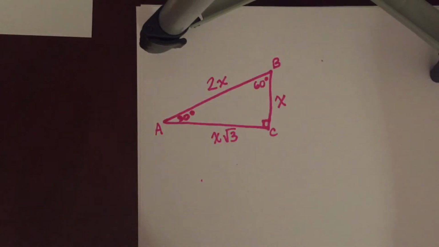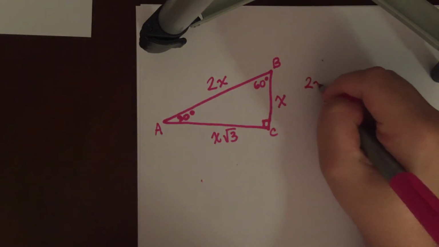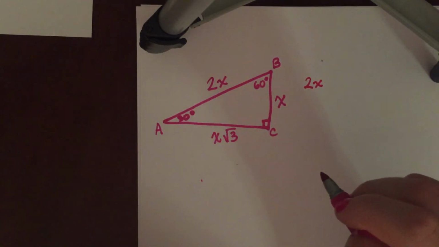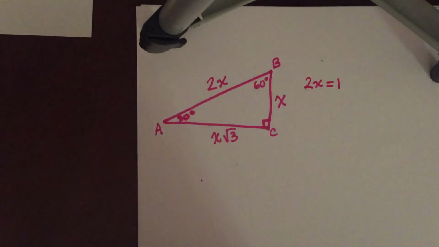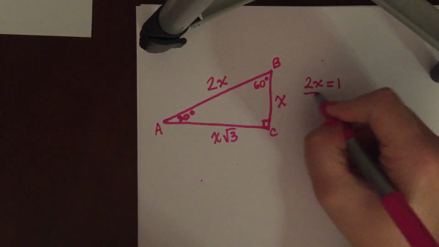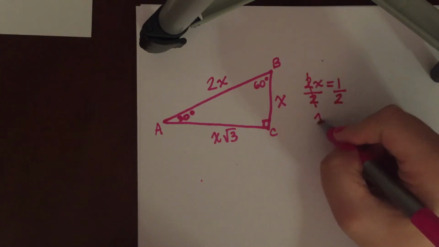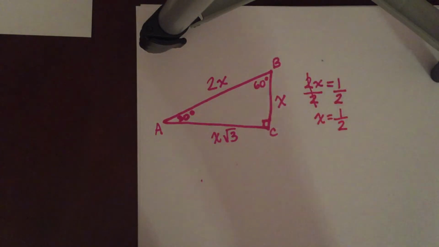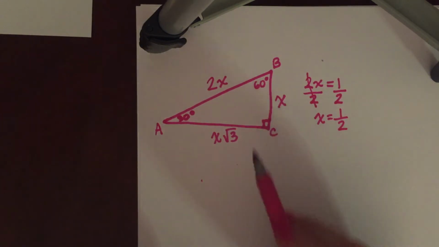So let's go ahead and set our hypotenuse equal to 2x. And remember that we want that to be equal to 1 in our unit circle. So if 2x is equal to 1, then we can quickly see that x is 1/2. So this shorter leg right here is going to be 1/2.